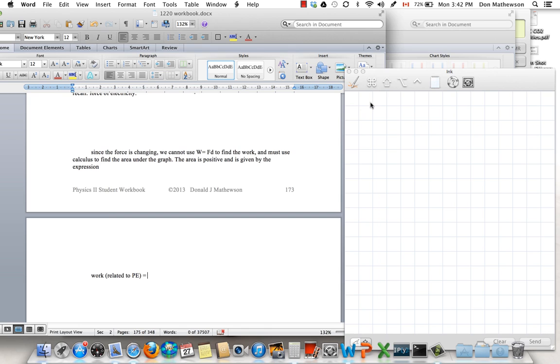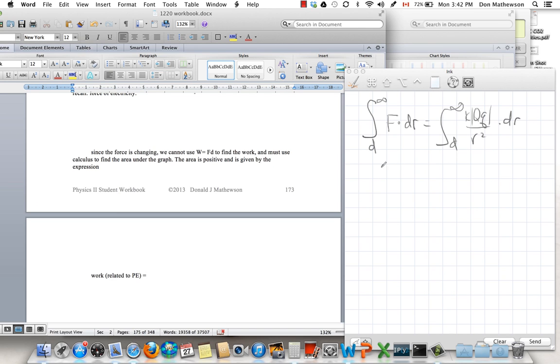So let's set up that integral. We're going to go from a distance d or r all the way out to infinity, and the work done is just going to be the force times a small bit of displacement. So that's kqq over r squared, where these are assumed to be positive, so we'll take absolute value.